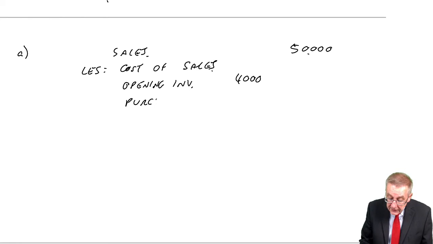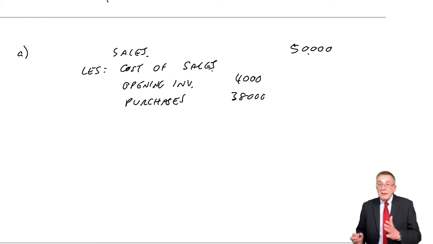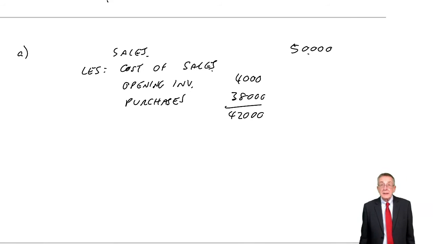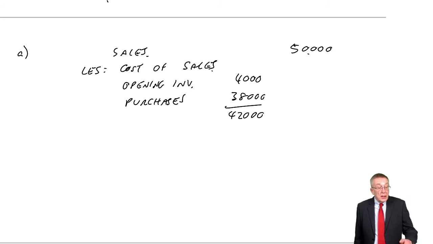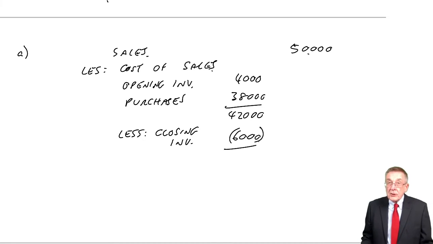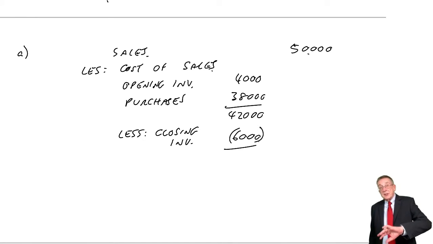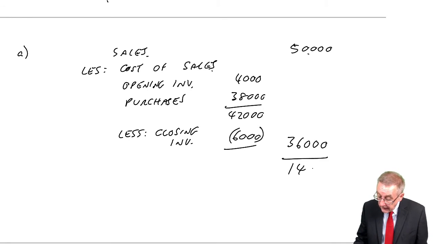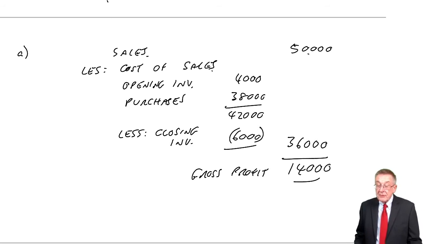This year, we bought goods for 38,000. So we've now got a total of 42,000 that we're hoping to sell. Did we sell them all? No, because at the end of the period, some of it was unsold, closing inventory. So of the 42,000 we had, 6,000 was still there. Only the remaining 36,000 was sold. And therefore the gross profit was 14,000.